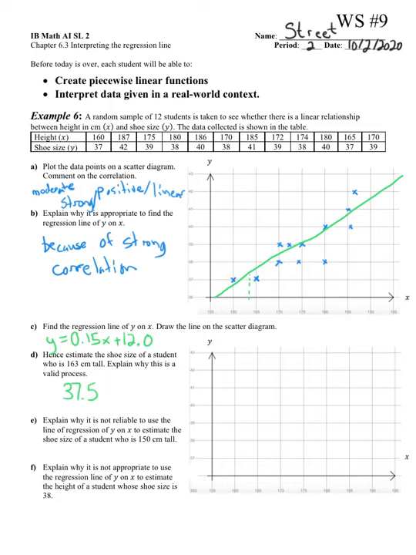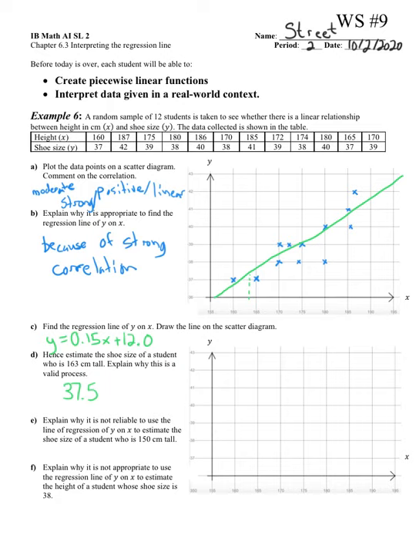Okay, and then explain why it is not reliable to use the line of regression of y on x to estimate the shoe size of a student who is 150 centimeters tall. Wait, we also need to explain why it's a valid process. Oh, okay, sorry.